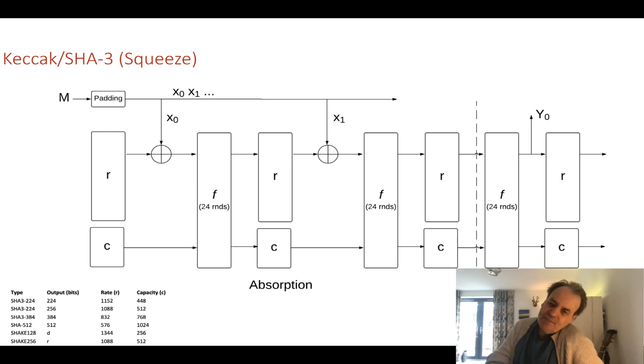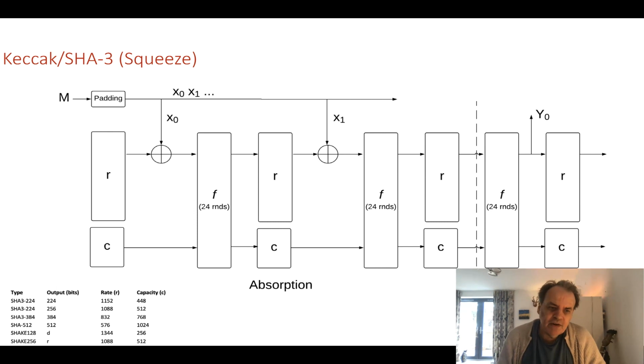And this is fairly simple. We just put our state into the first round, and then the output will be 1152 bits. We only need 224 bits, so we just take the first 224 bits and that becomes our hash there.